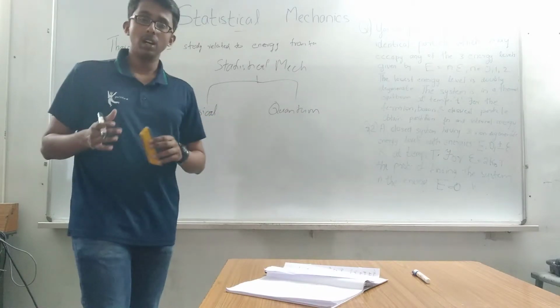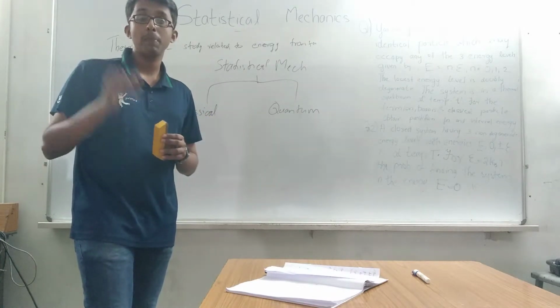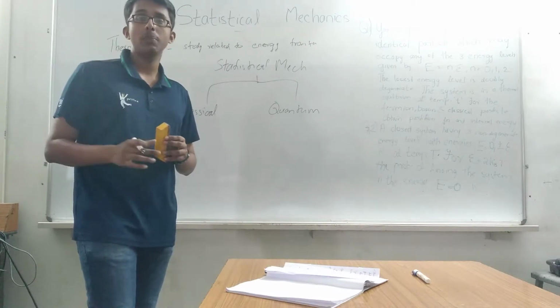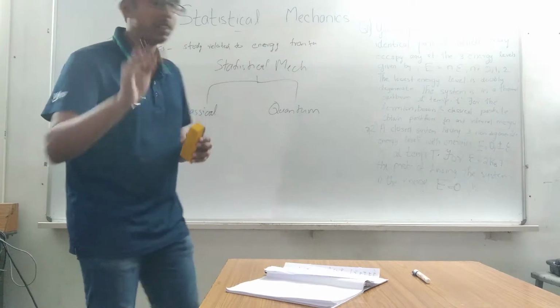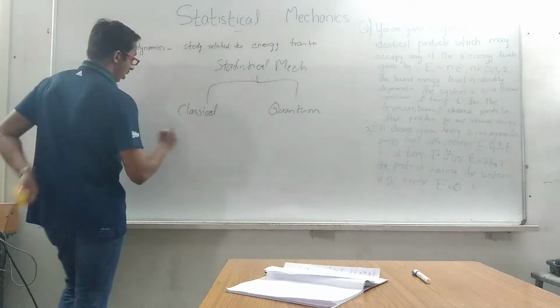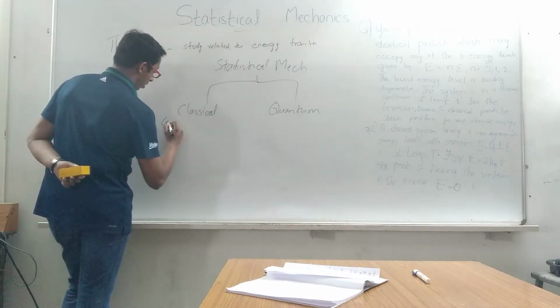In the classical system, the particles are macroscopic, identical and distinguishable. That is the property of a classical particle.